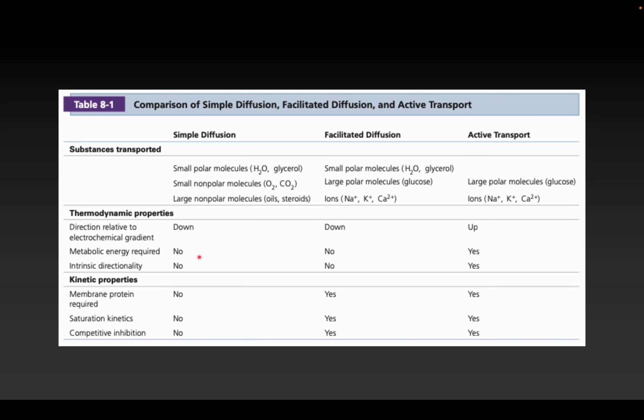There's no requirement of energy for the passive transport mechanisms, while for active transport, energy is required, and there is an intended direction where the molecules are expected to be transferred.